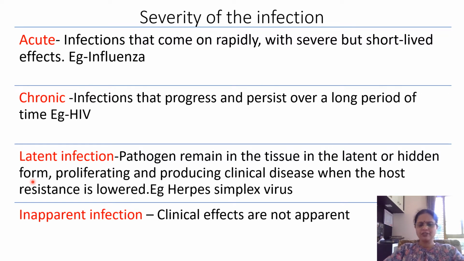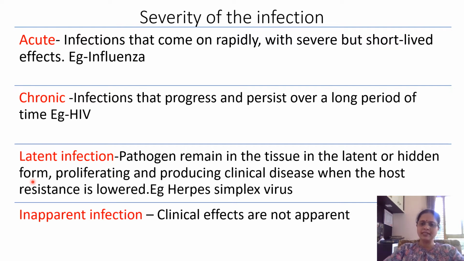There is no multiplication, no growth, no symptoms, the organism is inside, but we do not know at all. It will be present in the latent form or in the hidden form inside the body for a long period of time. It will slowly start proliferating and cause disease. When? Only when the host defenses are affected.